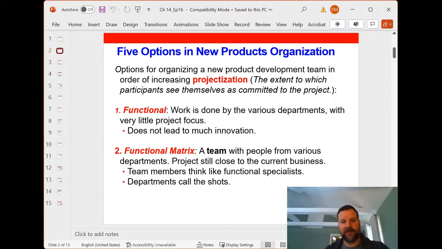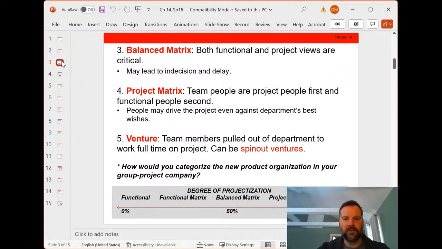A functional matrix is where you do start to have some team members who actually work together outside of the department. Other departments are still important. Balance matrix, you have kind of half and half. Project matrix, team people are project people first. In other words, your job is to work on this new automobile first, and then you worry about your everyday job second.